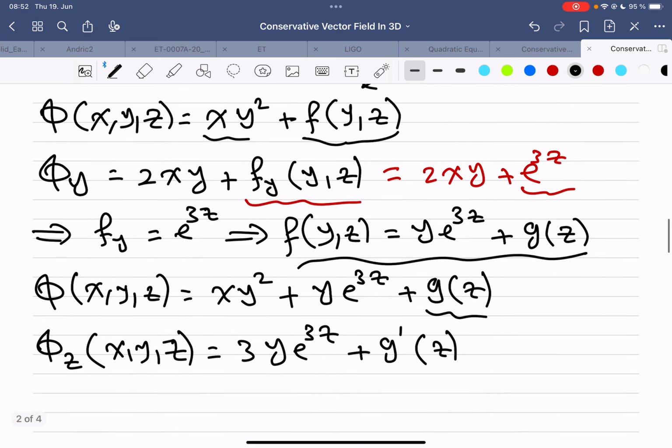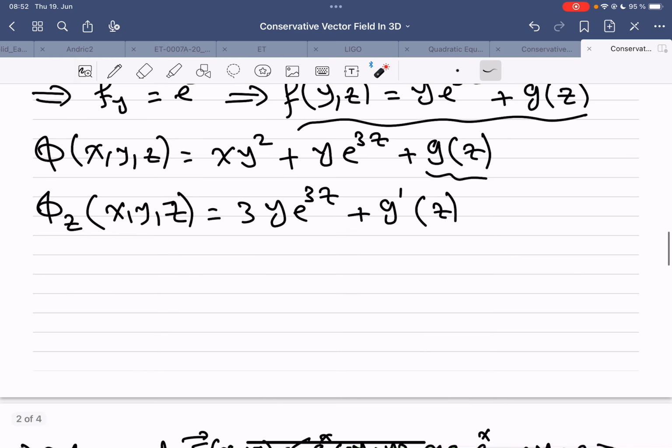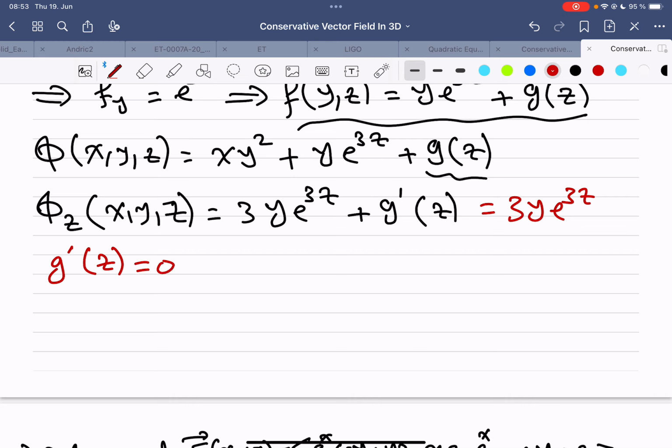Phi z is the same as b, so 3y e to the power 3z. From here we can find that g dash z equals 0. This means that g(z) equals a constant.